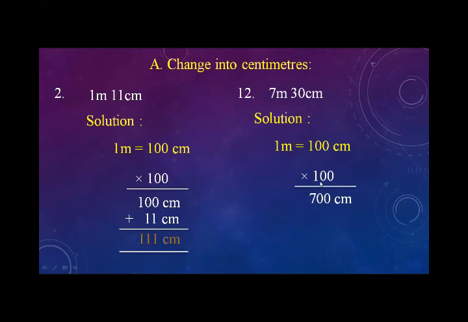So when you multiply 100 by 7, because 7 is given here, 100 sevens are 700 centimeter. Then you put this number here and add up both of these. 0 plus 0 is 0, 3 plus 0 is 3, and 7. So your answer is 730 centimeter.